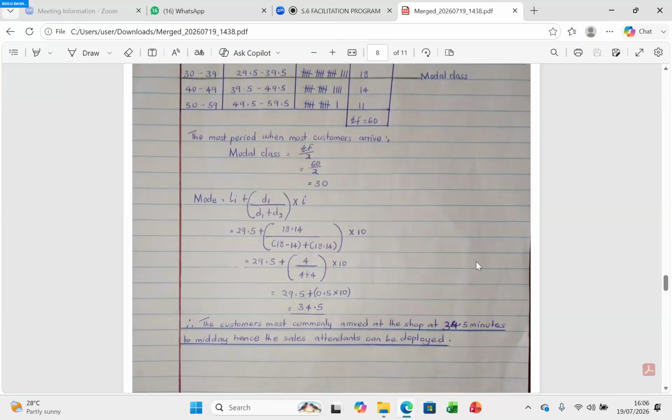So this is the simplest way we can use this method to get the correct answer.